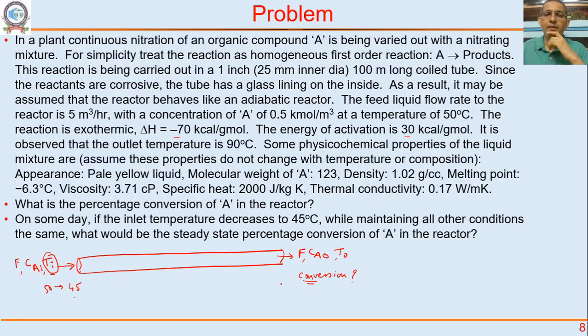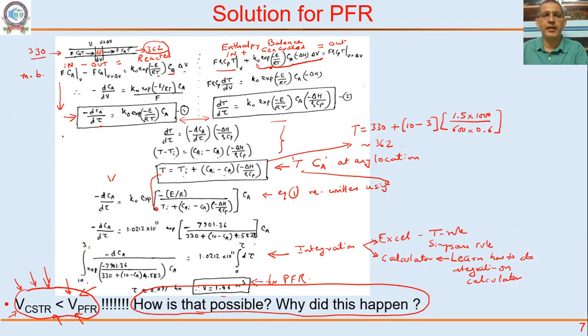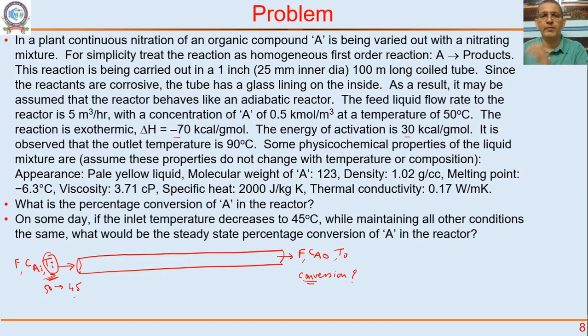If conversion is changing very significantly, then we know that we have to maintain this temperature properly. Process control becomes important. That's the learning that we get. We need to control inlet temperature properly. So write what we know in these two expressions, and try to find out whatever is unknown. Do this for yourself.